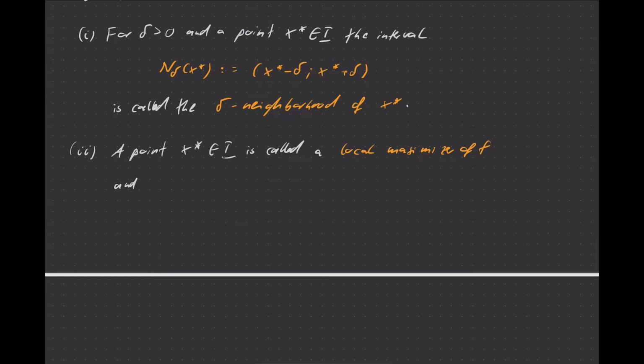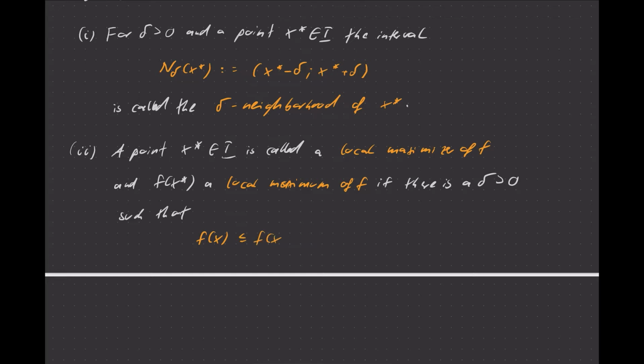And the function value at that point, f of x star, is then called a local maximum of f, if there is a delta that is strictly greater than 0 such that the function value of all points x in that neighborhood is less or equal to the function value at x star.